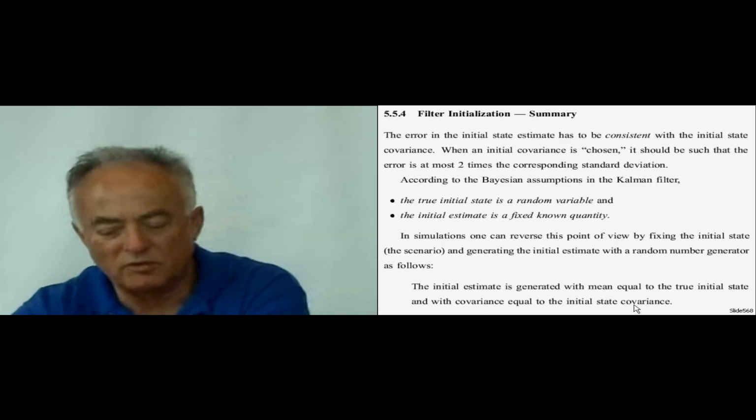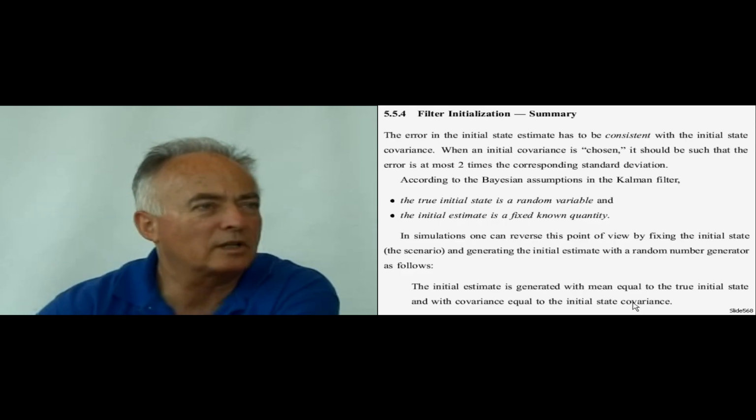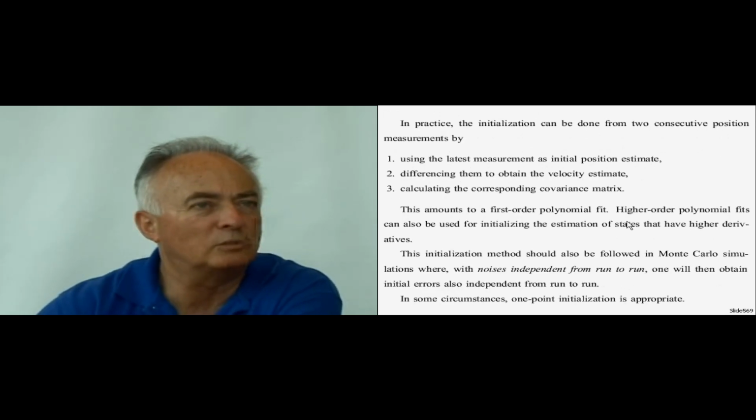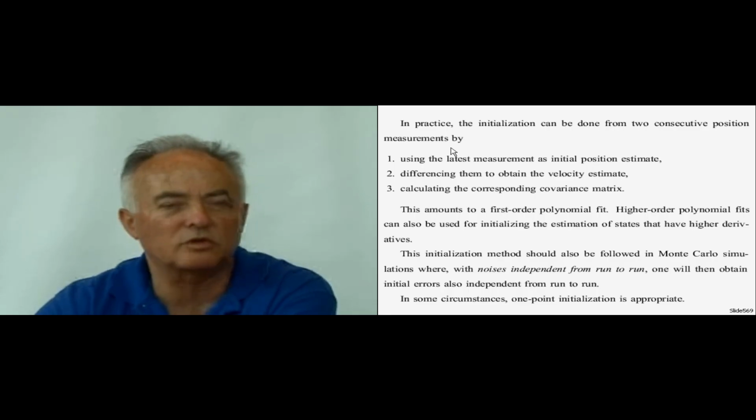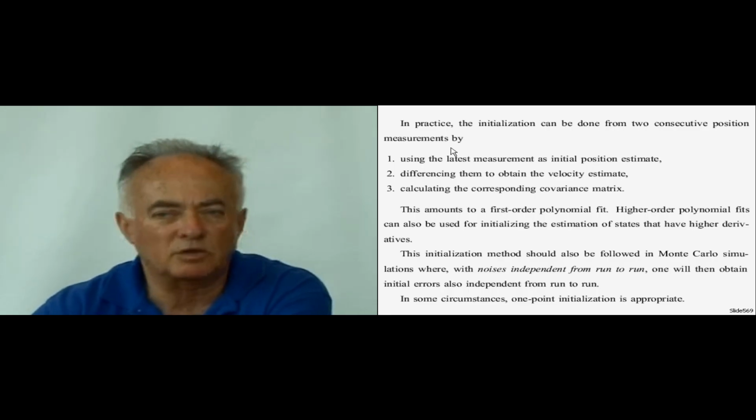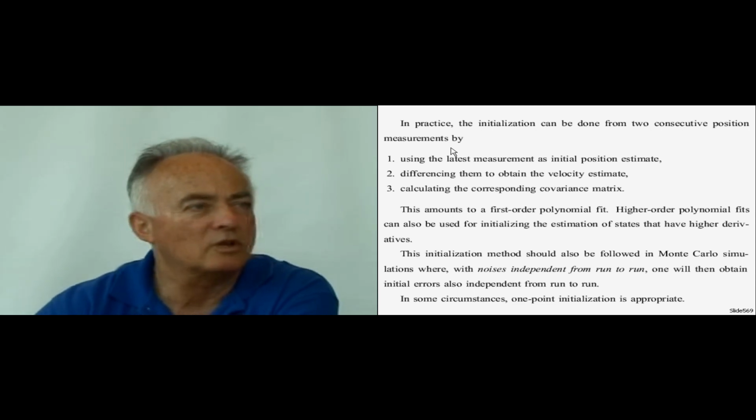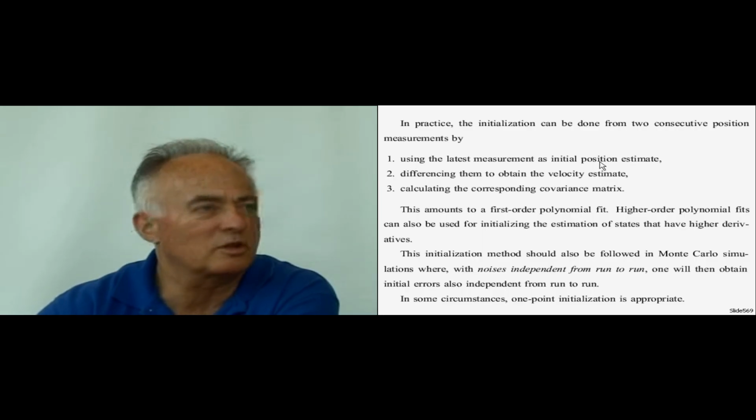But even this is not very convenient, so in practice the initialization can be done from 2 consecutive position measurements if the state is position and velocity. If it's position, velocity, and acceleration, you need 3 such measurements. So in this case with position and velocity only as the state, using the latest measurement will be the initial position estimate.